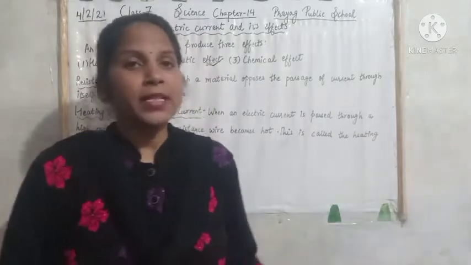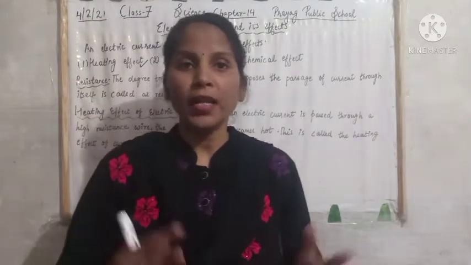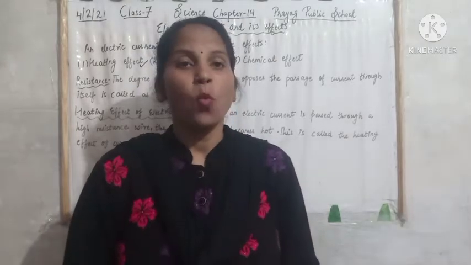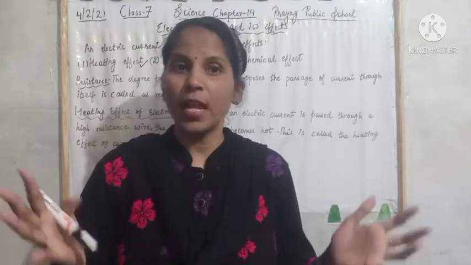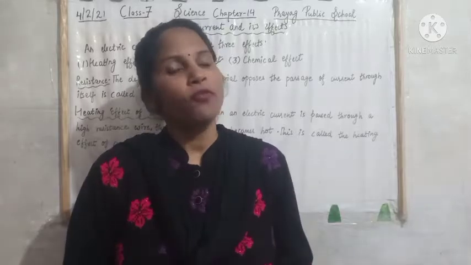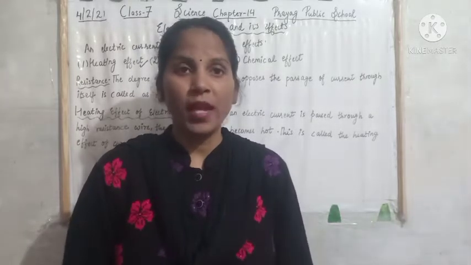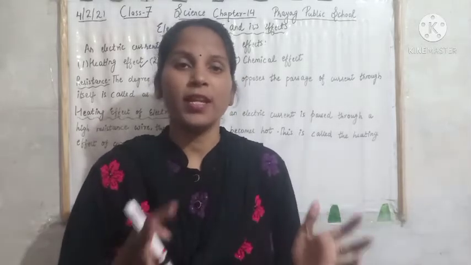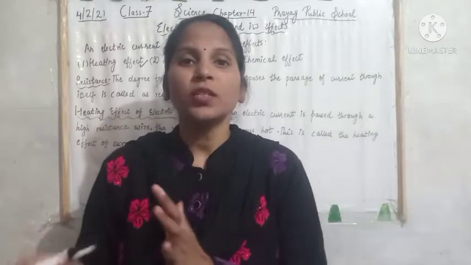Okay, metals like chromium and copper, aluminium, etc. have very low resistance, while nichrome, which is an alloy, is of very high resistance, and the wire which is made up of very high resistance is called high resistance wire.